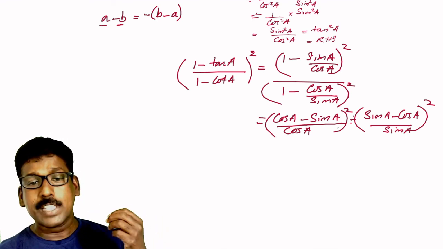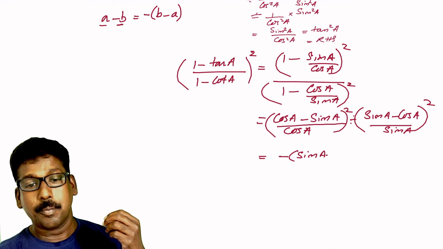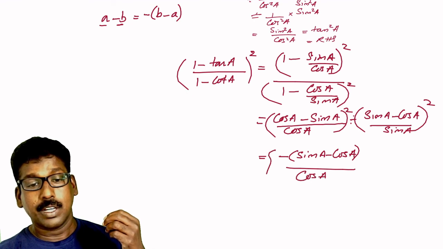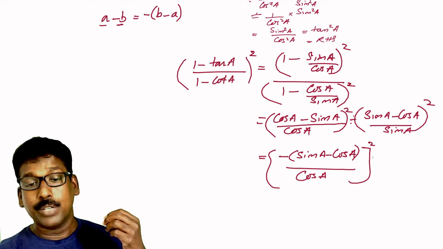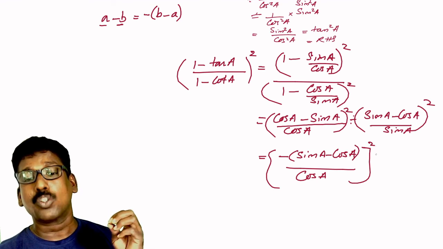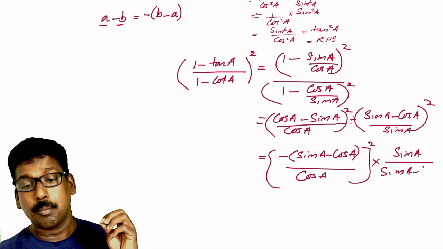Similarly, cos A minus sin A you can write as minus of sin A minus cos A by cos A the whole square. Now divided by sin A minus cos A by sin A whole square, you can write it as into sin A by sin A minus cos A the whole square.